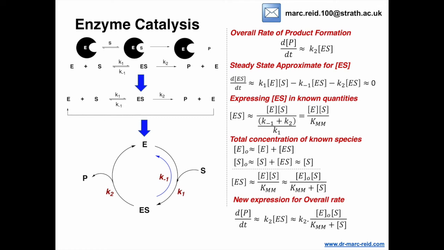Next, we use the new expression for ES in the expression for the overall reaction rate. So where we started by expressing that the rate of formation of product was approximately equal to k2 times ES, we can now substitute the new expression for ES to give the Michaelis-Menten equation.